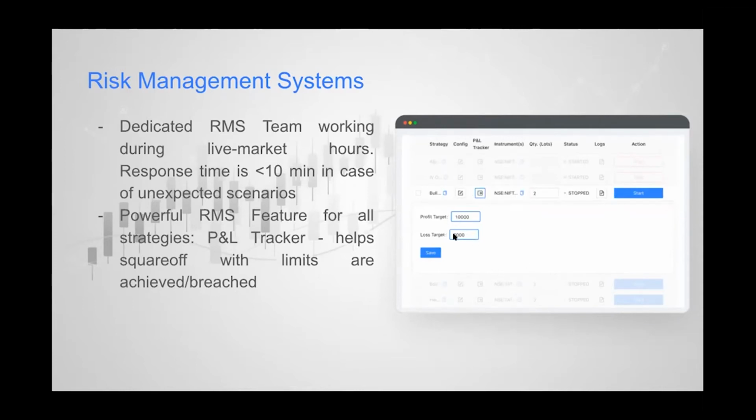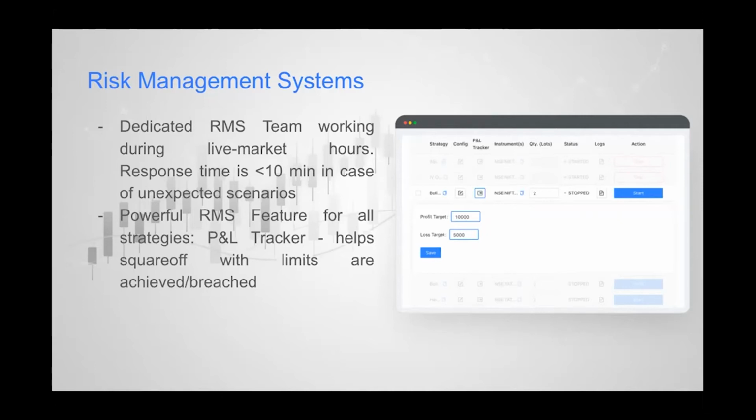You can provide each strategy with a dedicated stop loss and target. Here for the Nifty options, we have given a loss target of 5,000 and a profit target of 10,000. We just have to click the save button and start. Once you start the system, whenever those values are breached, our systems will try to square off the trades, cancel the previous pending orders, and manage your risk.